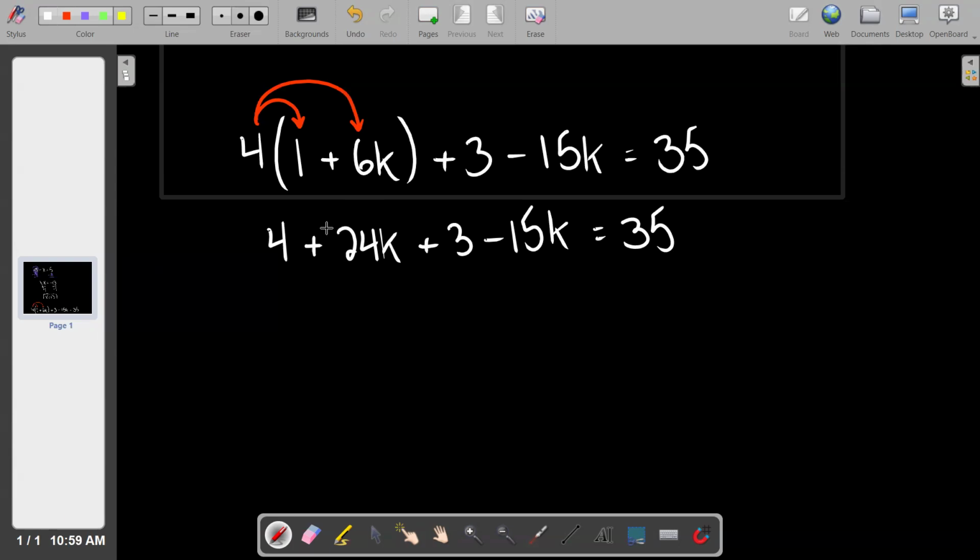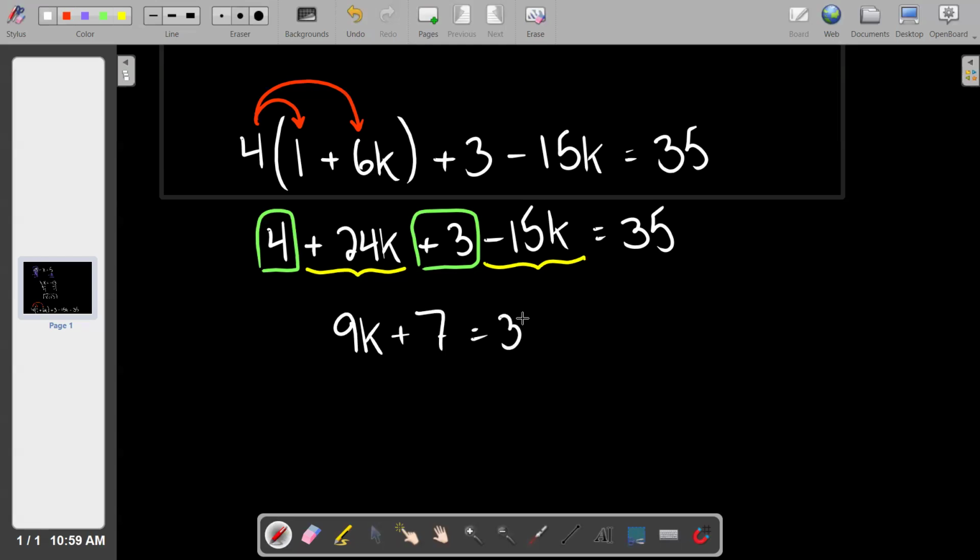No, no, no. You need to put this term together with this term. 24k minus 15k makes 9k. Then you put this term together with this term, which is 7. So we're going to have plus 7 equals 35.